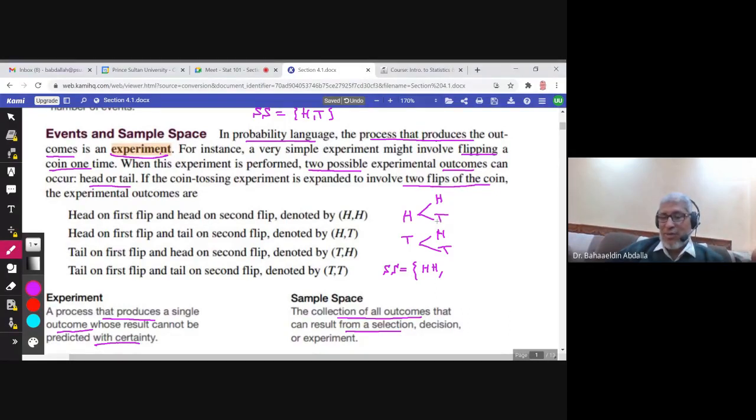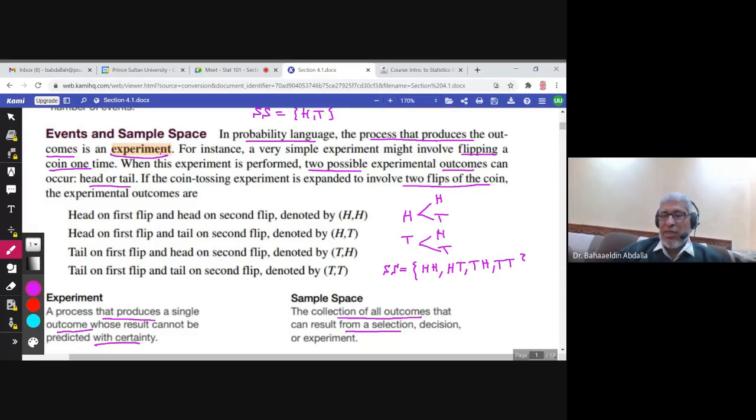In the first flip, you get H, and in the second, you get H. So this is a single outcome of this experiment. Another single outcome, HT, or TH, or TT.